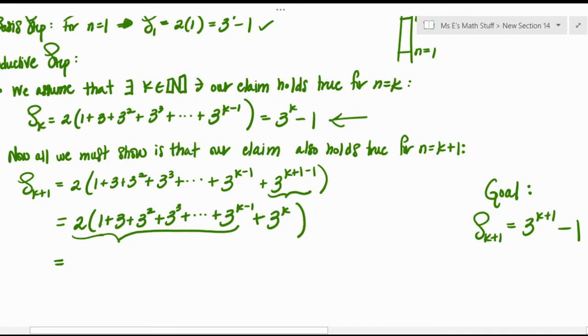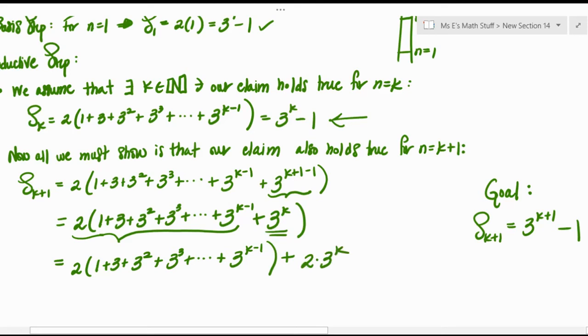And so our claim takes care of all the way up to here. So before I can use that though, I need to account for the fact that 2 is supposed to be multiplied by everything in the parentheses. So I'm going to break this expression up like this. 2 would be multiplied by the 1 plus 3 squared plus 3 cubed all the way up to 3 to the k minus 1. But then this last term right here would also need to be multiplied by 2.